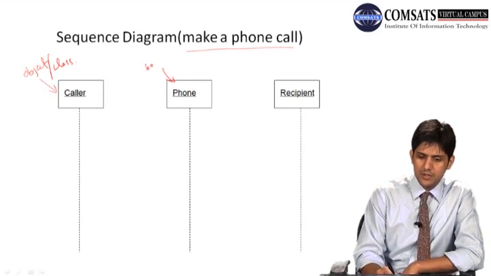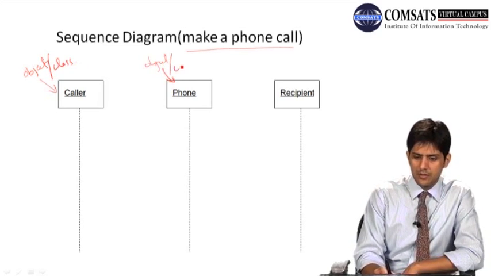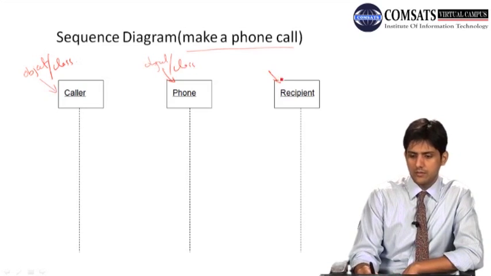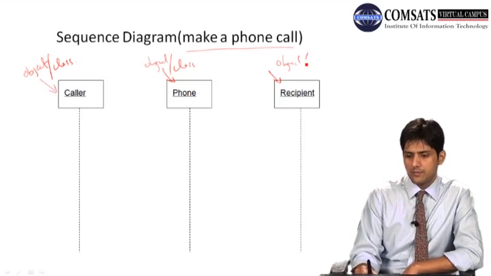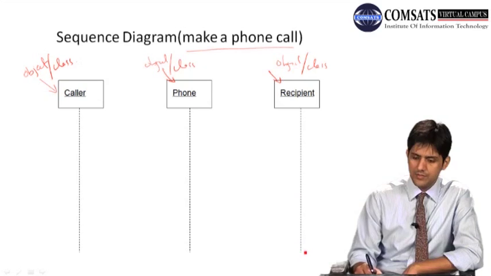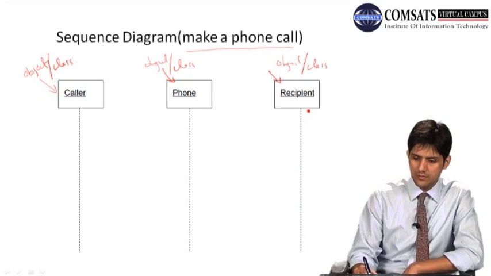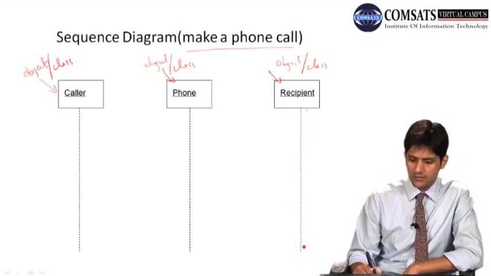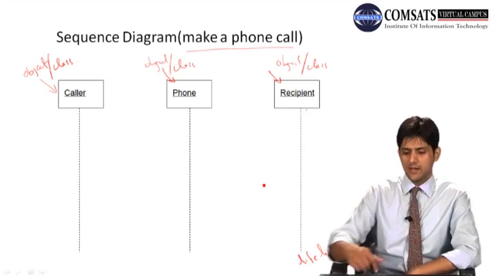This is another object or a class, and similarly this is another object or a class, and these dashed lines under every object are lifelines, the lifelines of all of these classes.